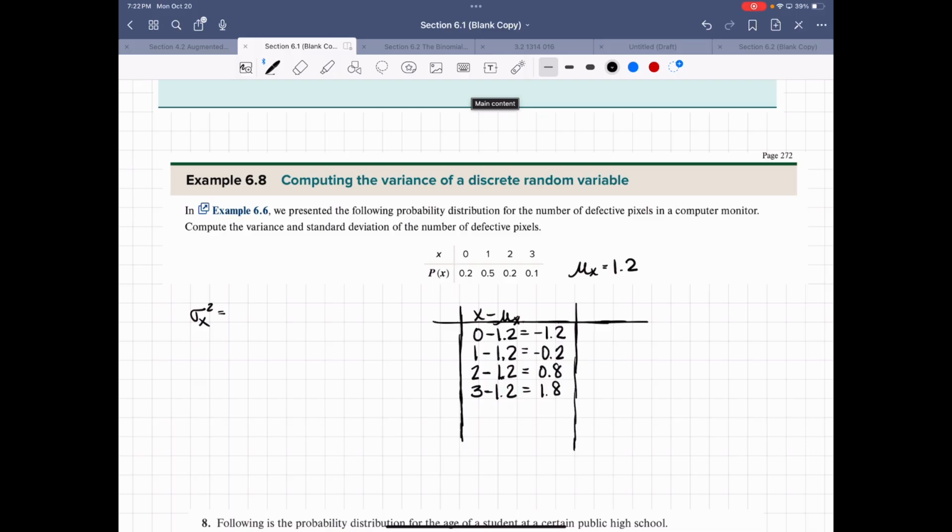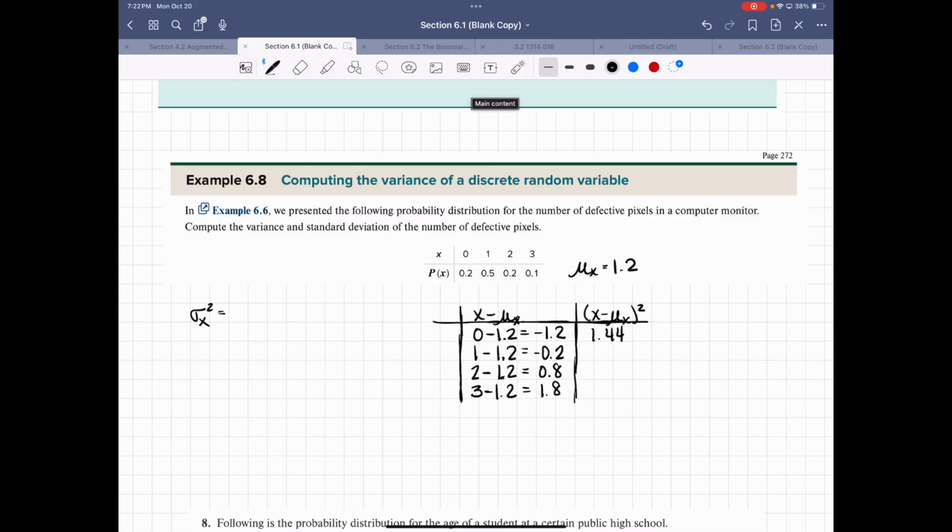All right. Now, you're ready to square that. So we're going to say x minus mu squared. So that means you're going to square the negative 1.2, the negative 0.2, the 0.8, and the 1.8, right? So if I square the negative 1.2, I get 1.44.